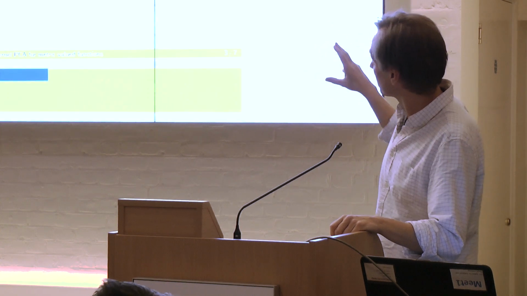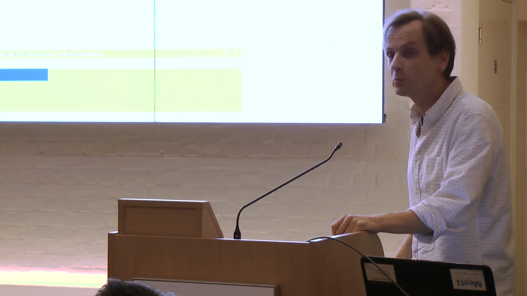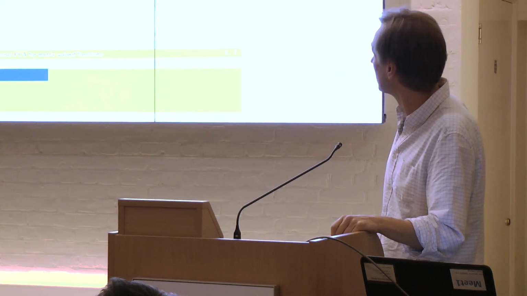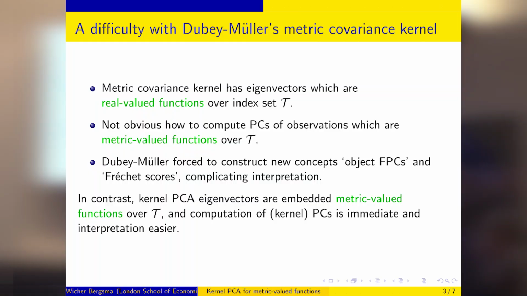So Dubé and Müller have to construct new concepts, objects, functional principal components, and Fréchet scores, complicating interpretation. So with kernel PCA, eigenvectors are embedded metric valued functions over T, so they are compatible with the embeddings of the observations, and computation of kernel PCs is easier and immediate.